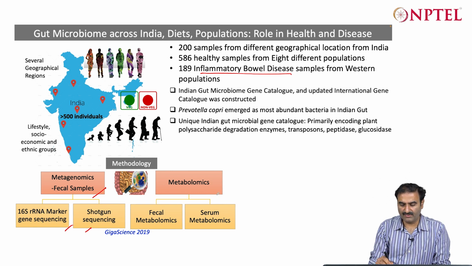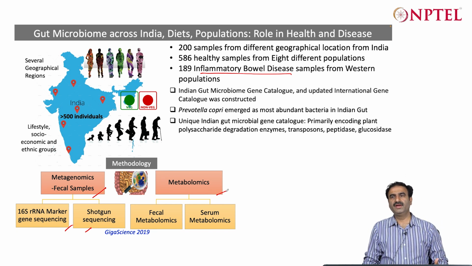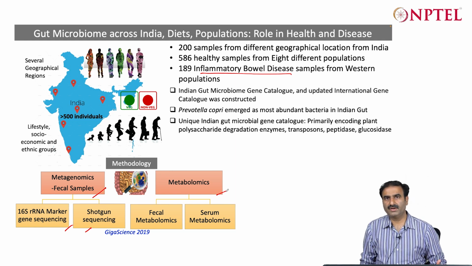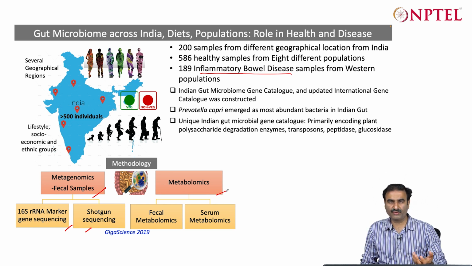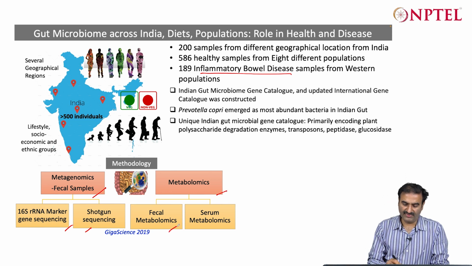And in the metabolome, because you are using fecal matter as the tissue from which you are extracting the DNA, you want to get a glimpse of the large intestine microbiome. This fecal sample also contains the metabolites, which are the end product of the metabolism of whatever has been eaten, and also the action of microbes. So fecal metabolome is important that way.